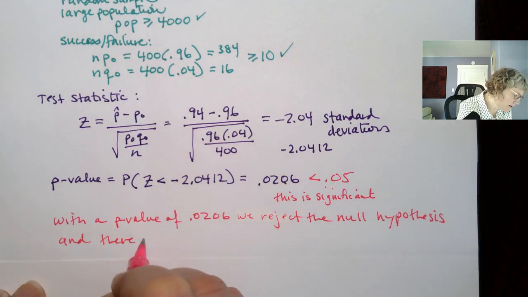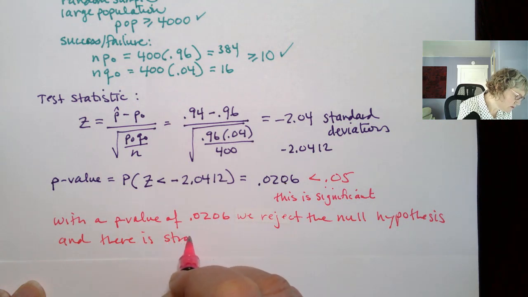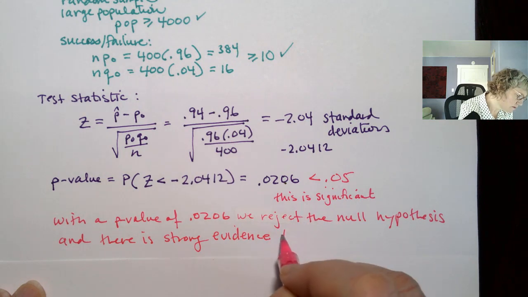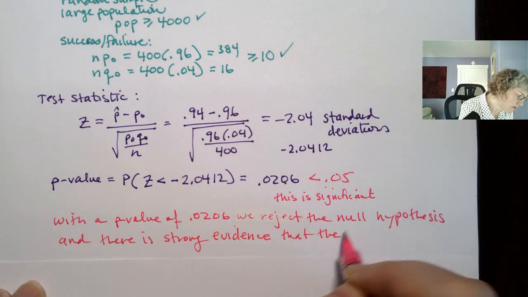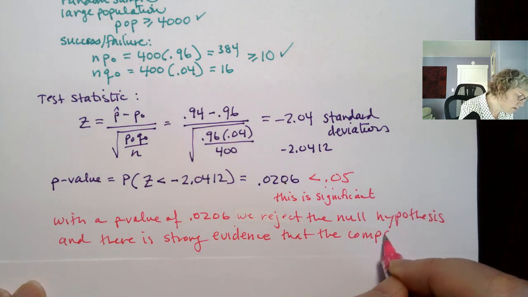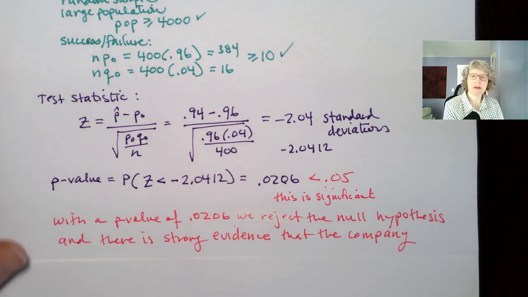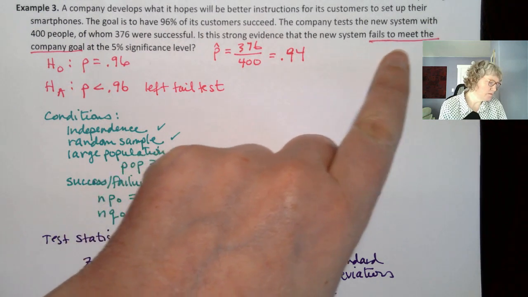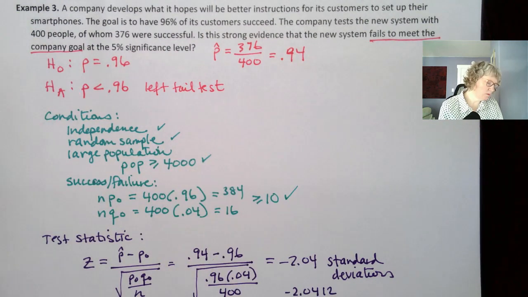And there is strong evidence that the company, and I'm going just right back up to the claim here, what we're testing, that the new system fails to meet the company goal.